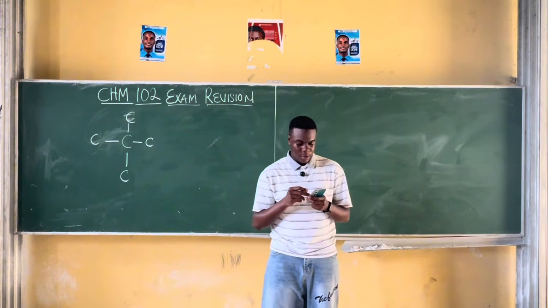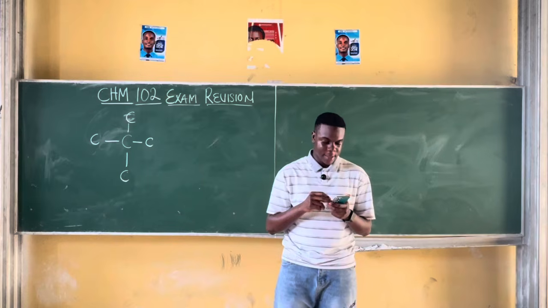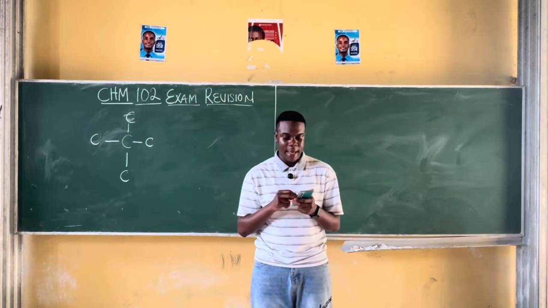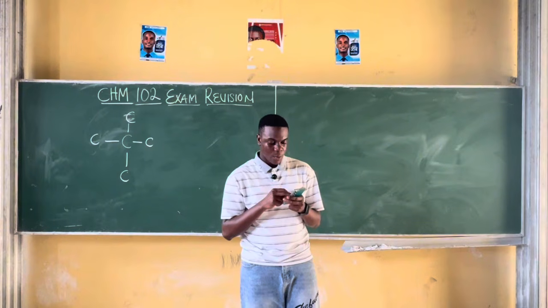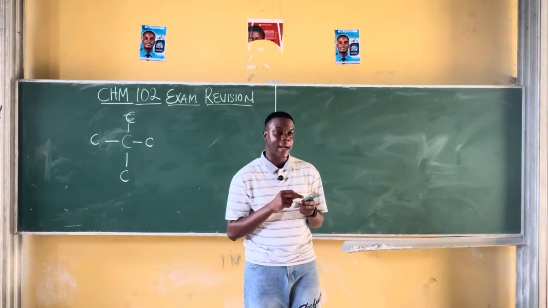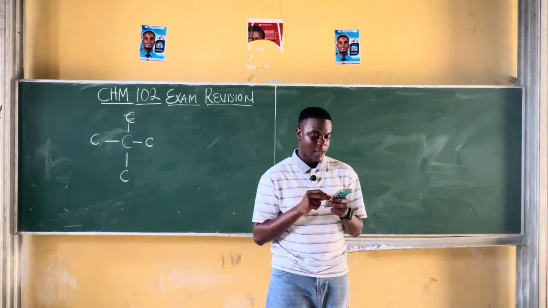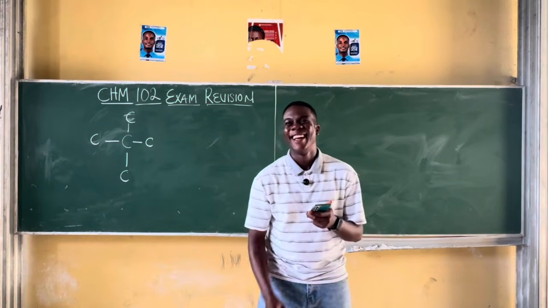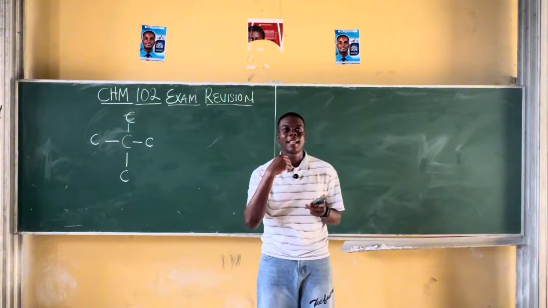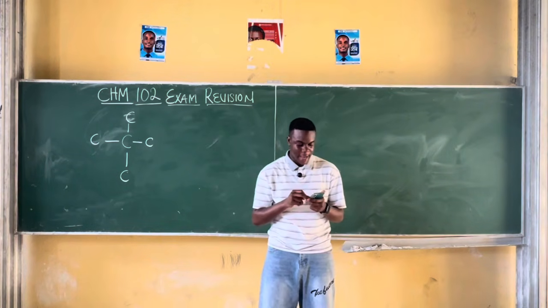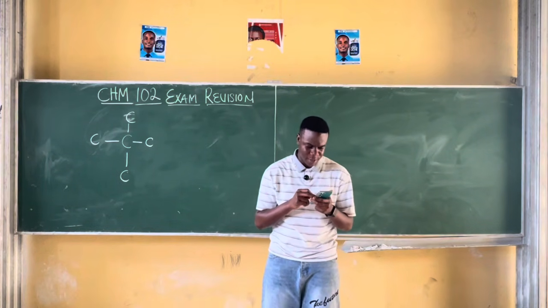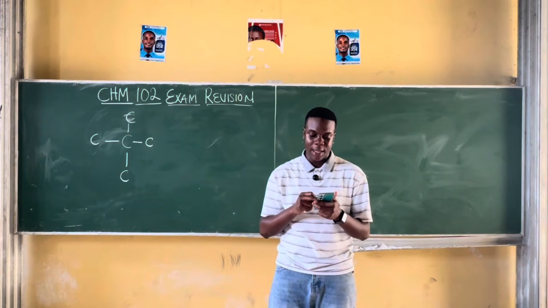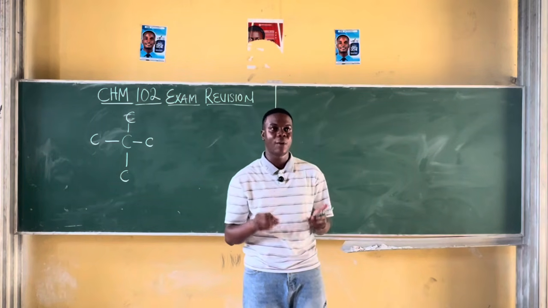The next question says, dash was the first organic compound synthesized in the laboratory without the aid of any kind of vital force. Let me say the question again because the class is being recorded. Dash was the first organic compound synthesized in the laboratory without any form of vital force.